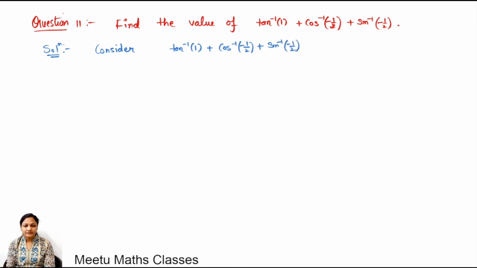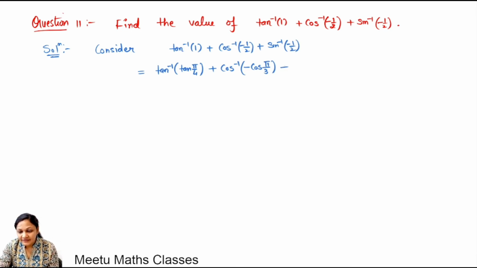Okay. Now we can write this one as tan pi by 4. Okay. And half can be written as cos of pi by 3. Okay. And half can be written in terms of sine. We can write it as sine pi by 6.